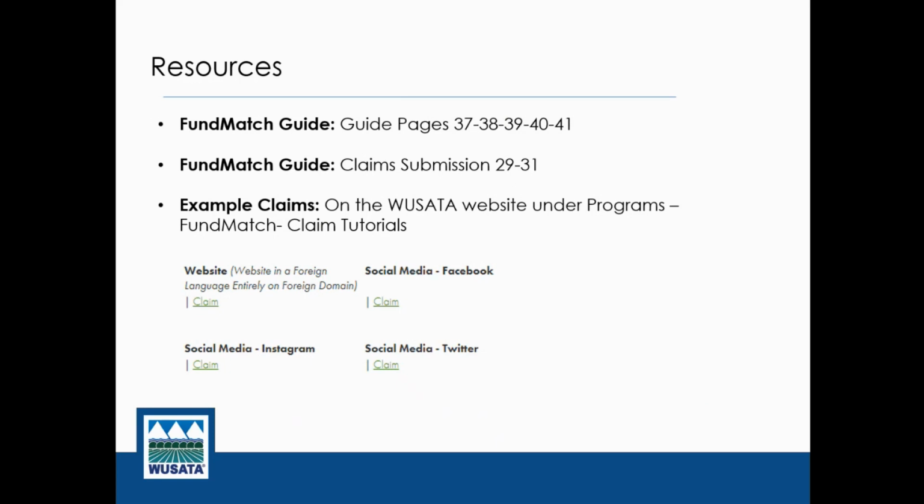And then, of course, those example claims we were talking about are on the WSADA website under programs and FundMatch claim tutorials. It has a social media one for Facebook, Instagram, and Twitter, and also for a website in a foreign language.